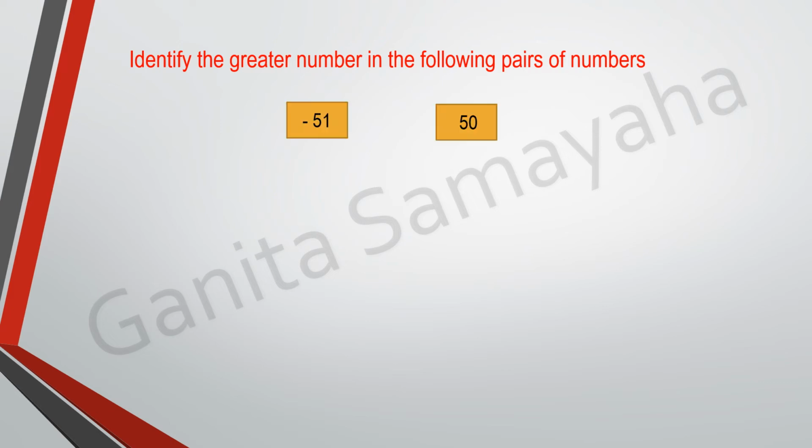Between minus 51 and plus 50, which is the greater number, children? Plus 50 is to the right of minus 51. So we know that plus 50 is the greater number. Good. Then between minus 1000 and 1. Yes, 1 is to the right. So 1 is the greater number. Very good.